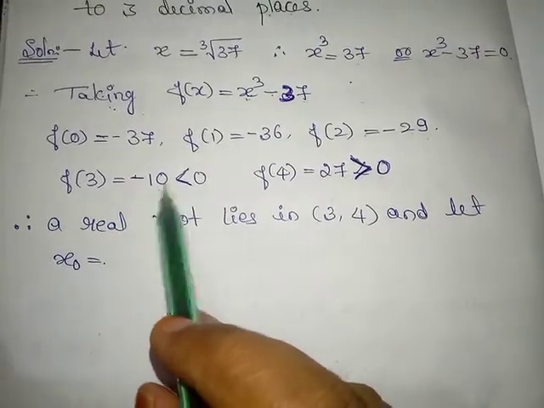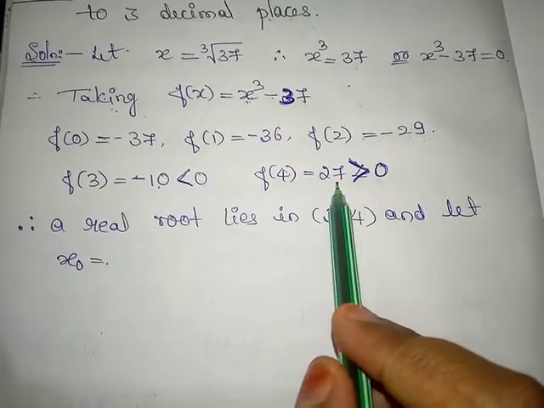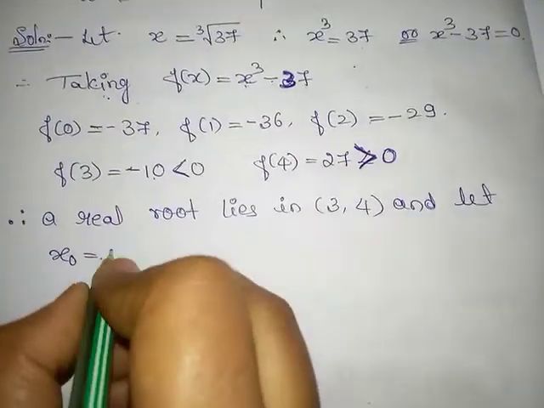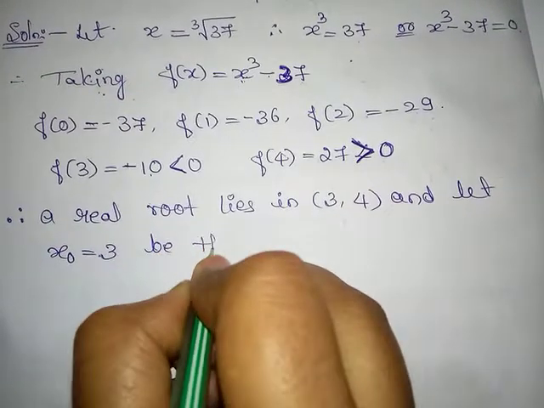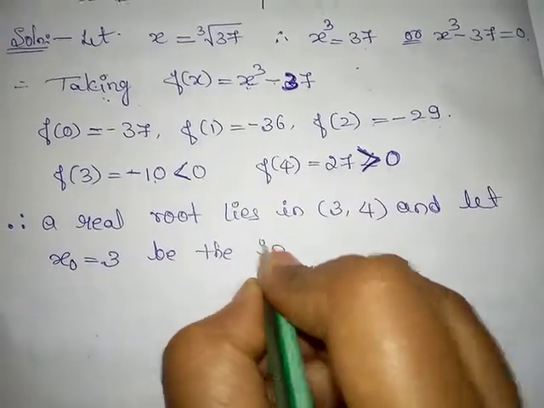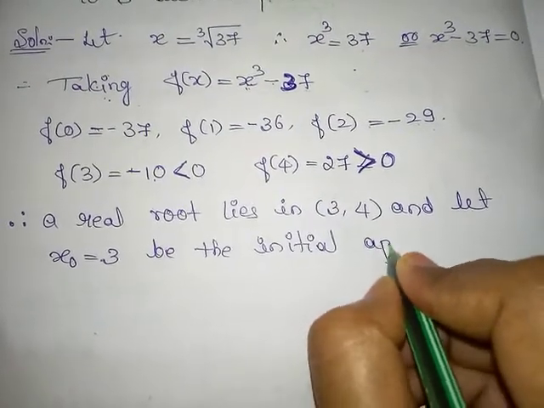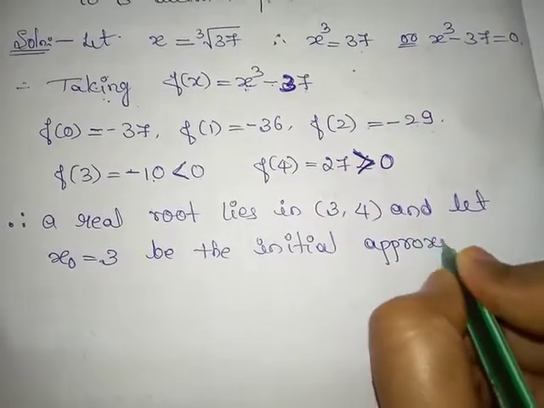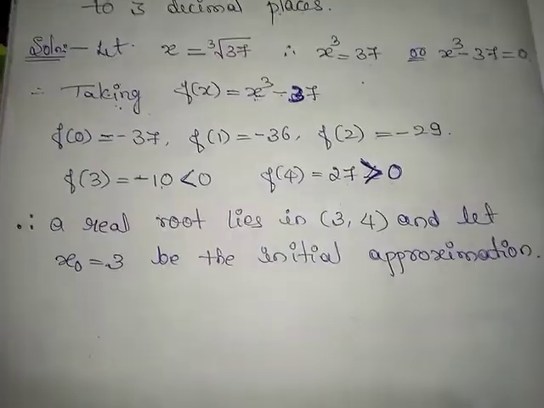The number which is near to 0. Here see, minus 10 is near to 0 as compared to 27. Therefore our x0 value is 3, be the initial approximation.